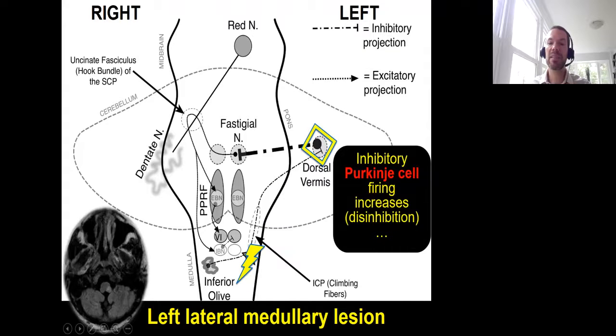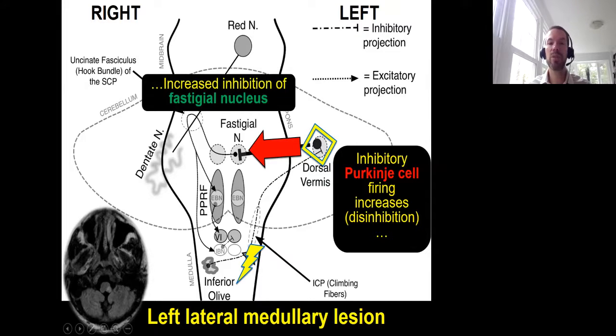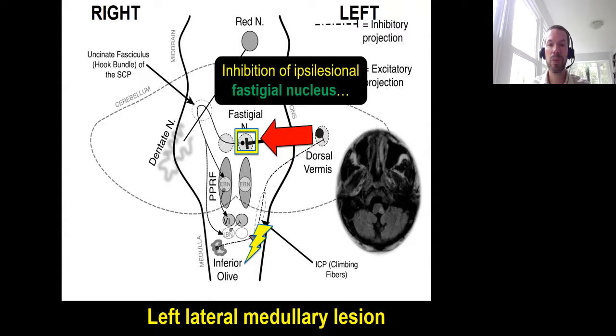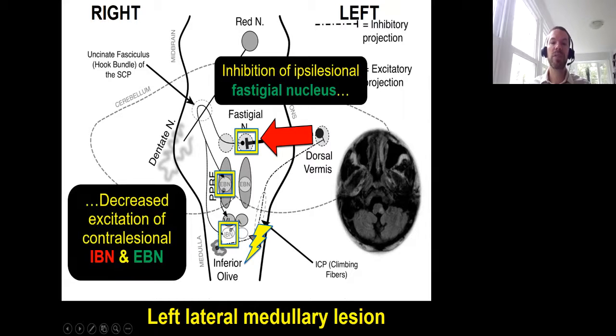Because you have less inhibition of this inhibitory structure, you're going to disinhibit it. So it's going to then inhibit the ipsilateral vestibular nucleus even more than it normally would. If you have increased inhibition of the vestibular nucleus, then you're going to decrease excitation to the contralateral, the contralesional EBN, IBN pair.